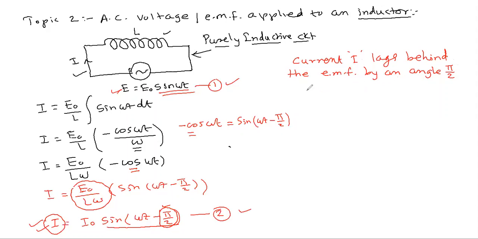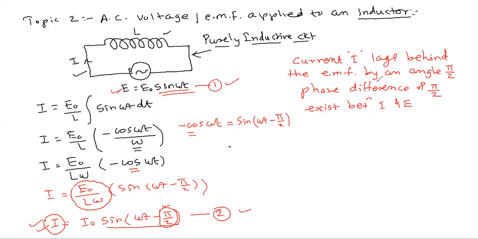In another way, a phase difference of pi by 2 exists between current and EMF.